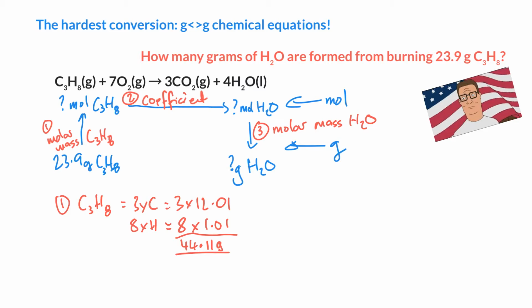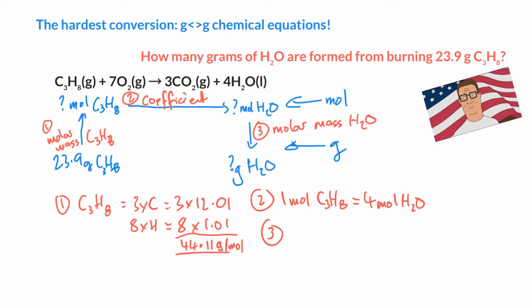So that's how many grams there are in a mole of C3H8. And if we take our fingers again, we've got one of those, and we've got 4 of those. So we need to write 1 mole of C3H8 will make 4 moles of water. It's really just a ratio. So even though we don't have 1 mole, it's still in that 1 to 4 ratio.